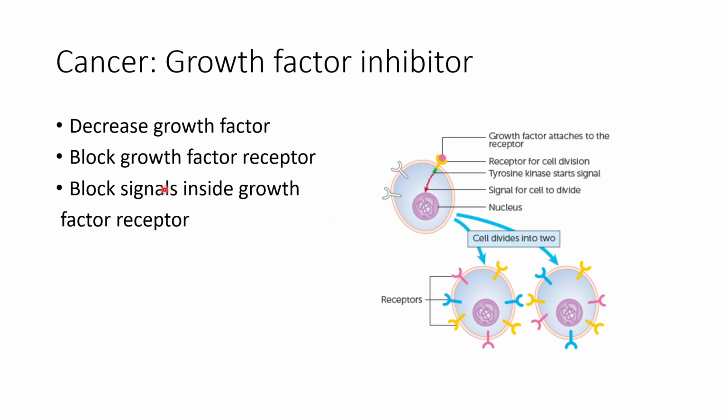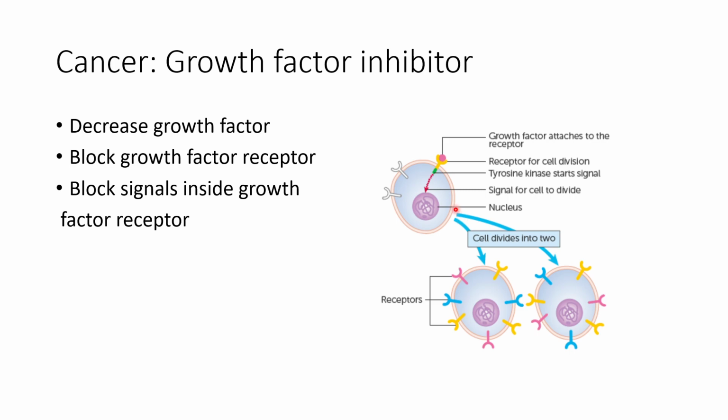And the third strategy people are working on is to block the signal inside the cell. If they block these signals, even though the growth factor is attached to the receptors, because the signal is not functioning properly, it will not be able to give signal to the nucleus for further division.